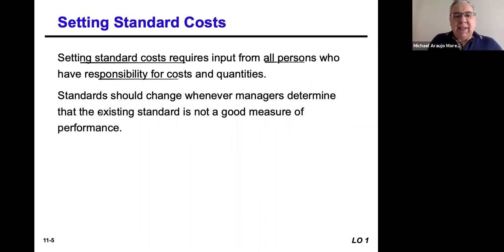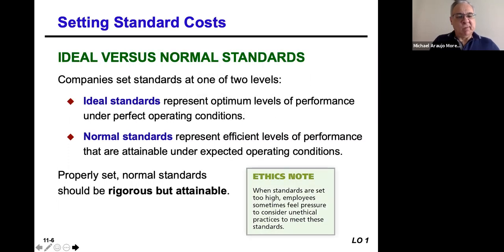Existing standards stay the same unless something changes. If something changes, we know we're going to have to update that measure of performance, so the existing standard costs should change when certain things change. You'll see that play out very soon.